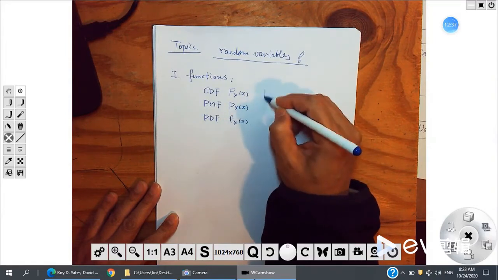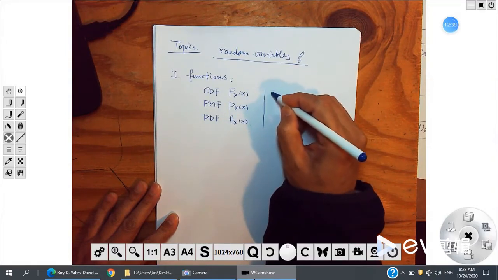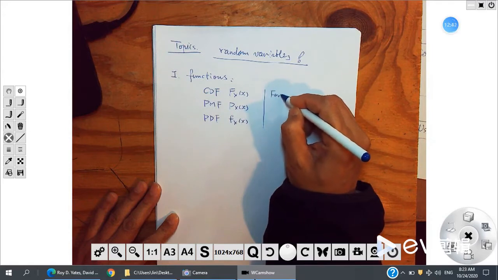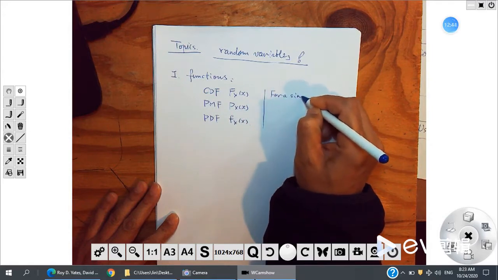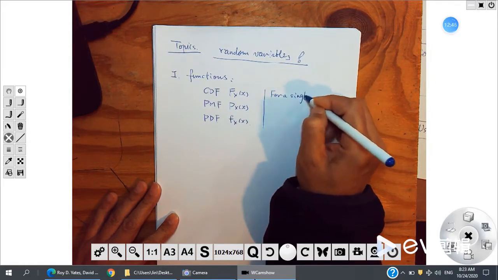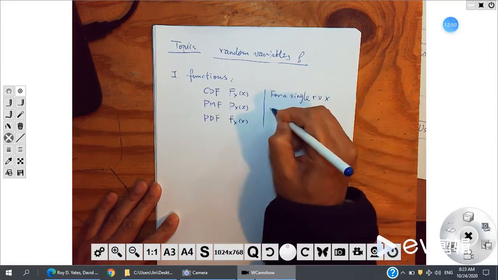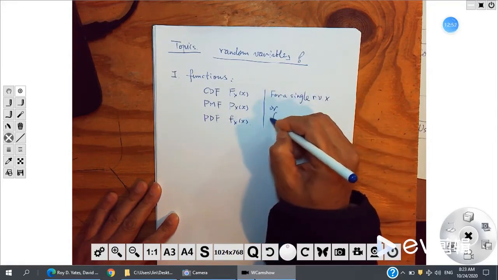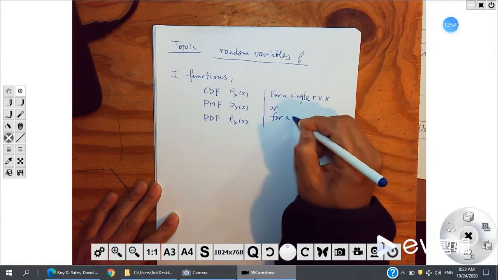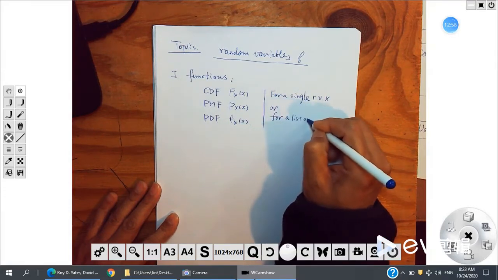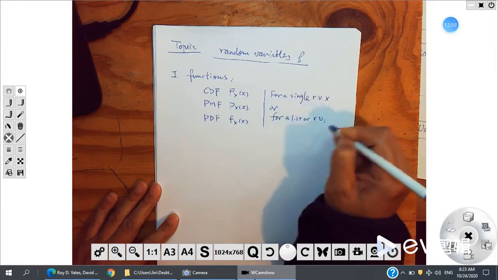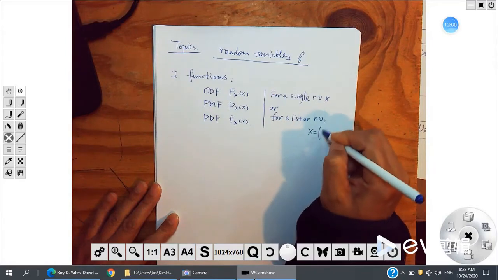So for a single random variable X, or for a list of random variables, X is X1 to some Xn.